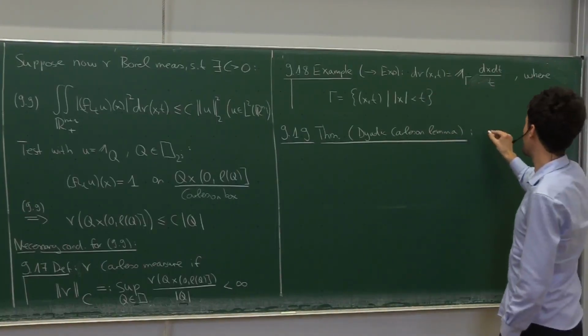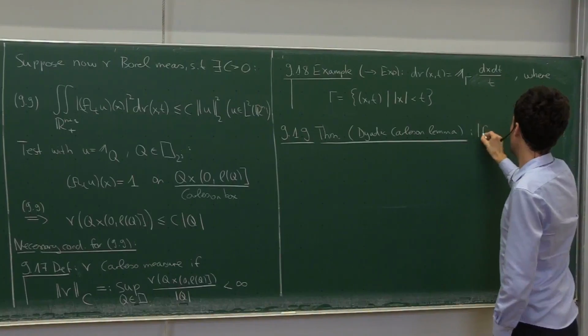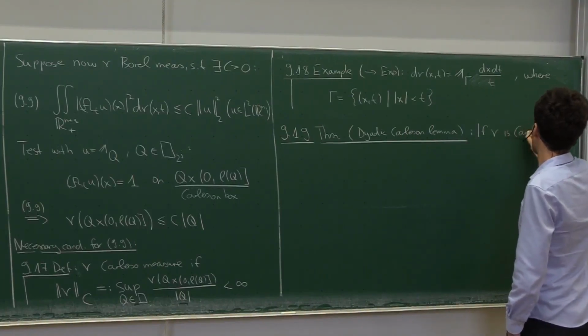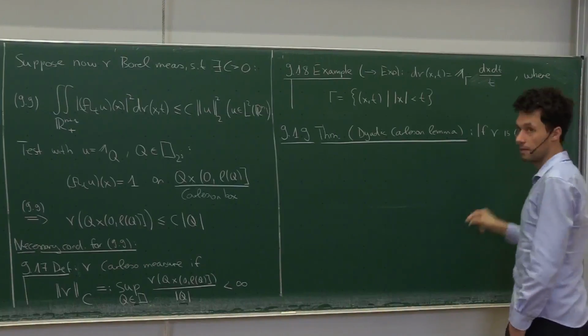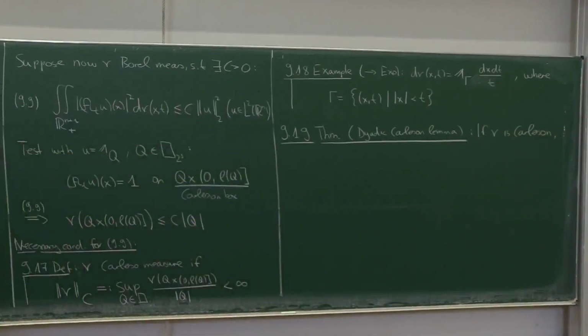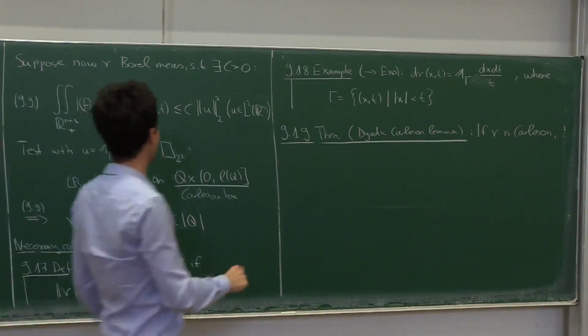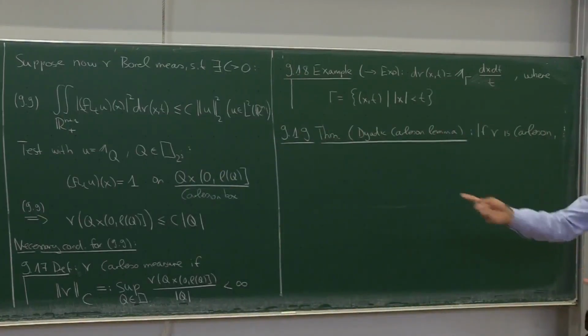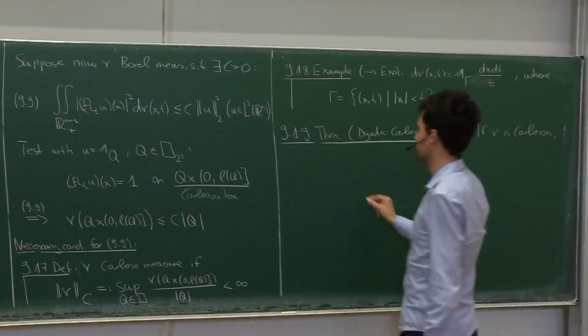Okay, so more precisely, if nu is Carlson, as always, that's how the cool people say it. You don't say it's a Carlson measure, you say it's Carlson. So if nu is Carlson, then you have this estimate 9.9, and the constant is a dimensional constant times the Carlson norm of the measure.